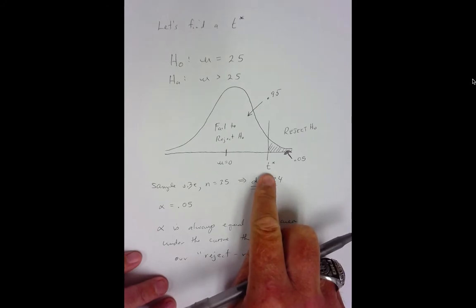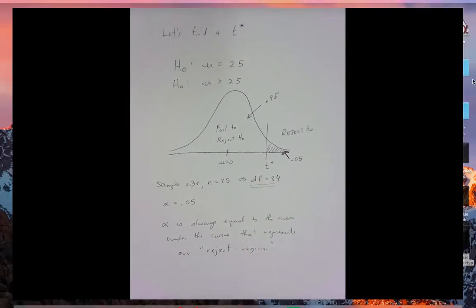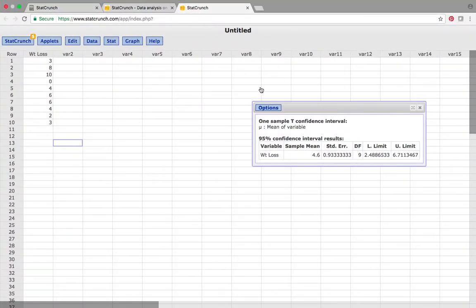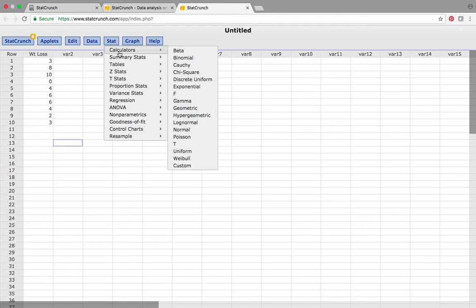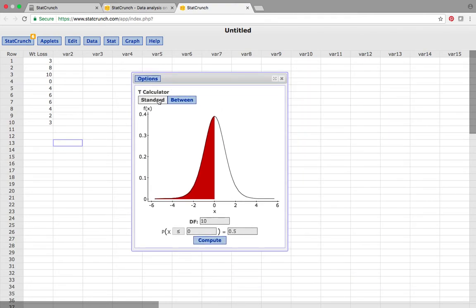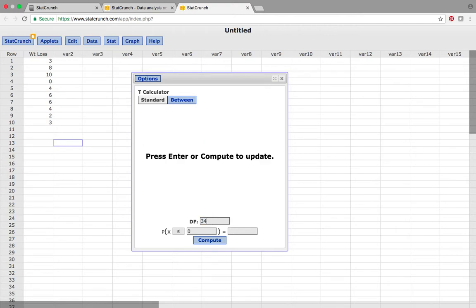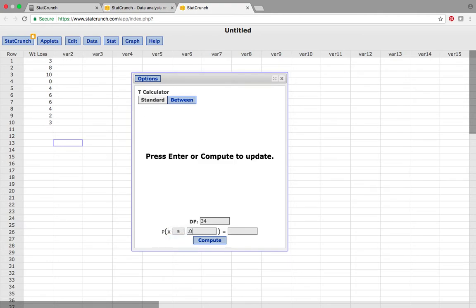So how am I going to find this? Well, guys, I am going to use StatCrunch. And I'm going to go to my calculator, and I'm going to go to the t-distribution, and I want this to be the standard. I want my degrees of freedom to be 34, and I want the area above to be 0.05.